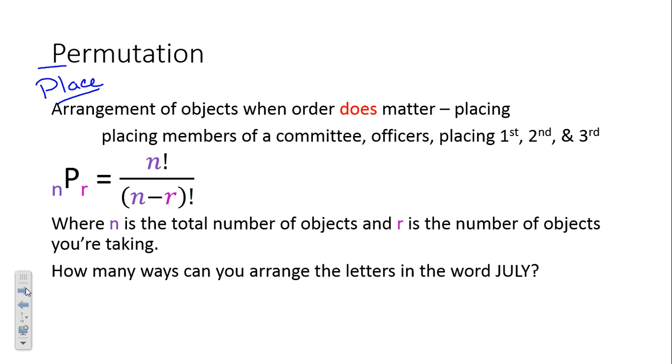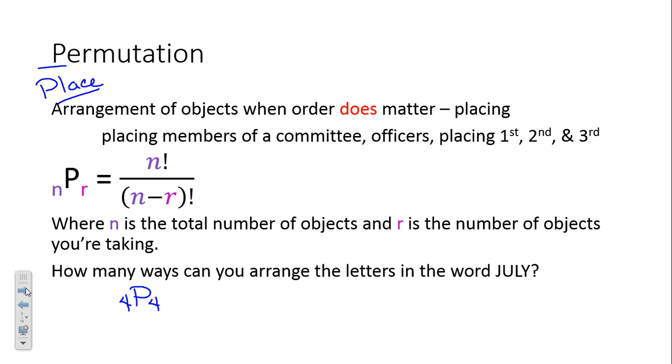So July, how many letters does it have? 4, and how are we arranging them? All 4, right? 4 at a time. So this is a permutation. We're going to take 4 letters and place them 4 at a time.